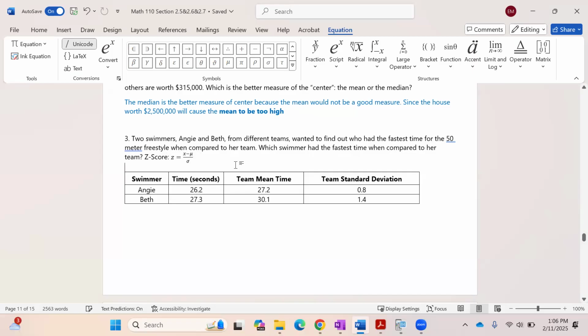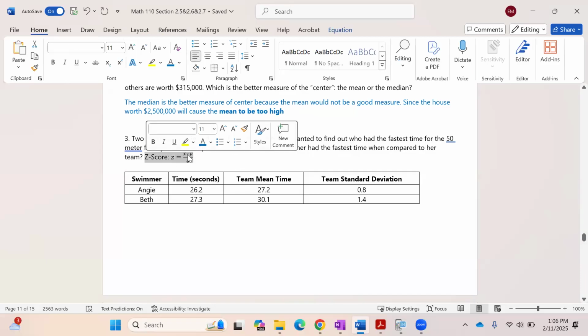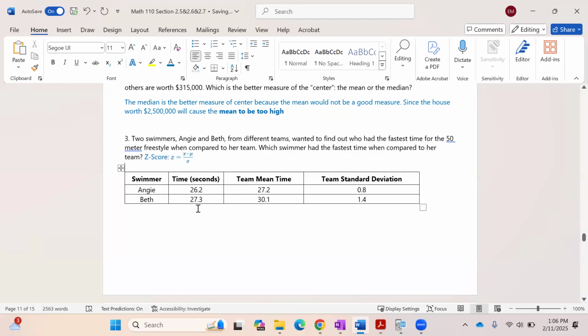So that's our z-score formula. Let's go ahead and apply that to this question. And in the end, we want to see who had the higher z-score.